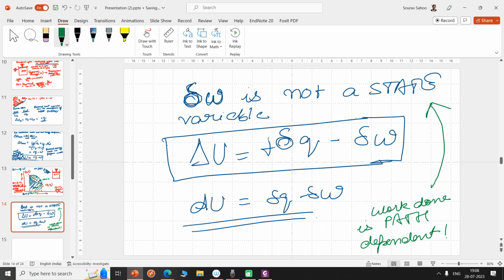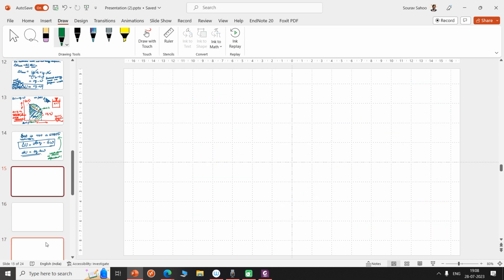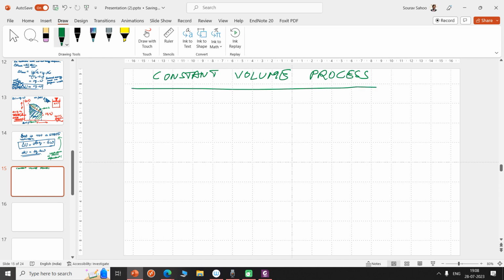So now we'll go to quickly determine the constant volume and constant pressure processes. Now, since we had already said that in Gibbs free energy we have three parameters, right?